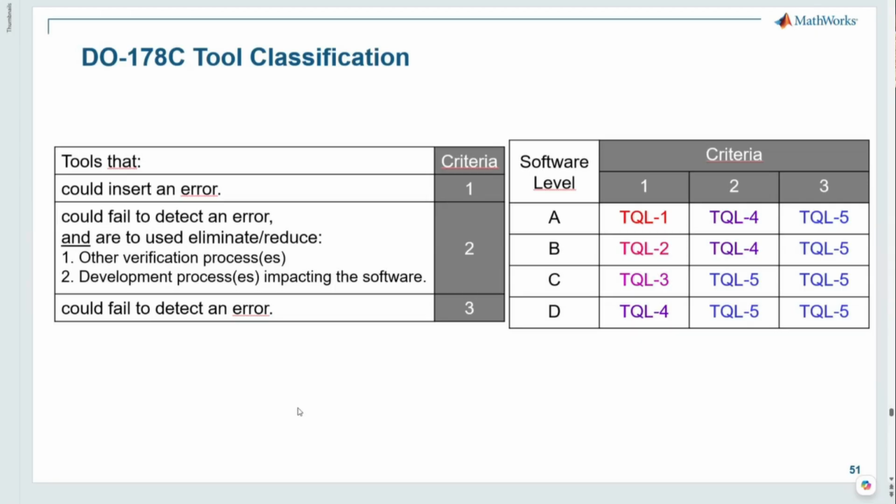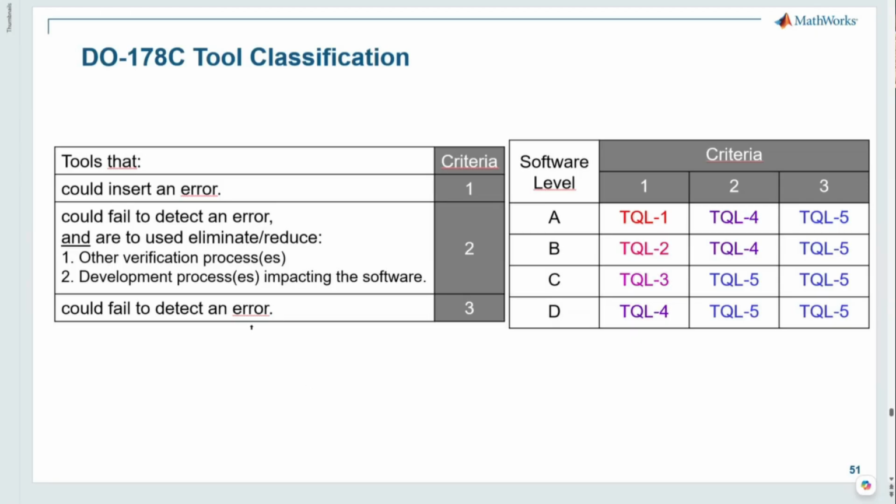For example, the only tool that we have that is criteria 2 is Polyspace Code Prover, because you are using Polyspace Code Prover to show that the source code does not produce runtime errors, and then you eliminate other verification processes, or reduce the robustness testing, because you don't have to produce the test to verify that your code is robust against division by 0, for example.